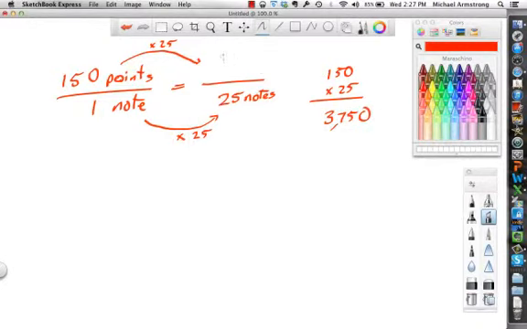So this is 3,750 points. And circle your answer. Okay, that's how it works, and that's how this assignment works. I think that you're ready to go.